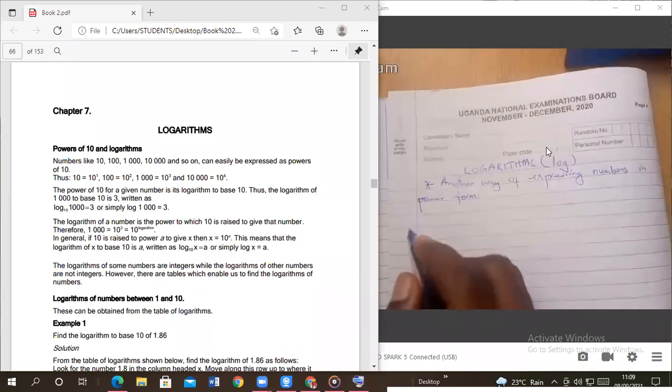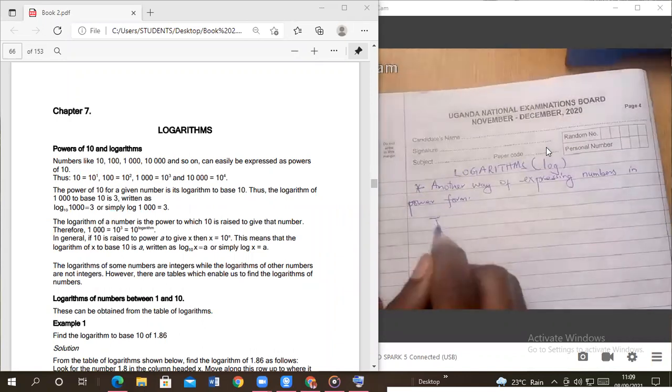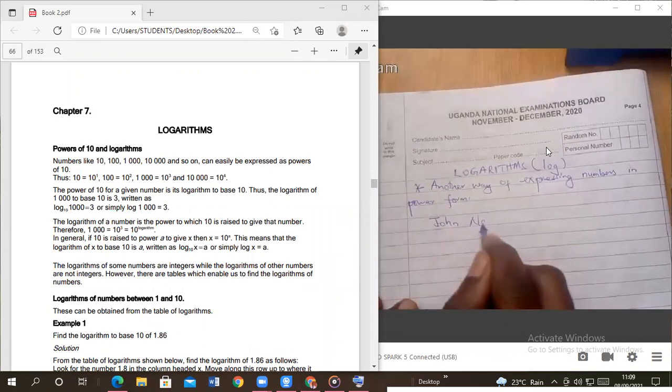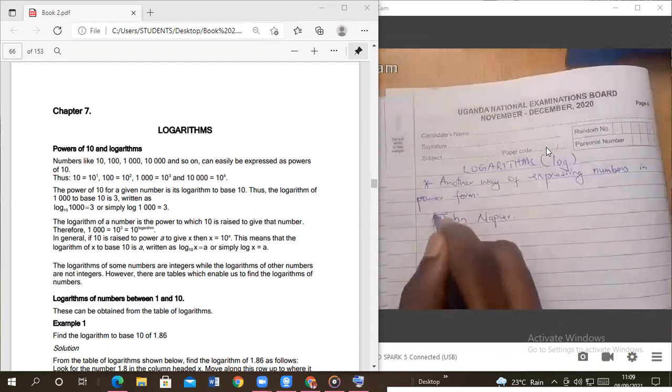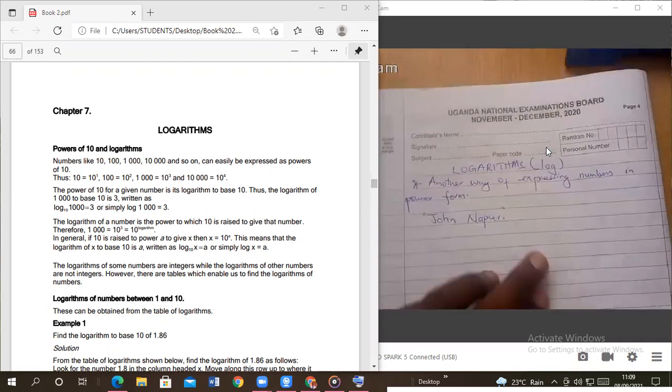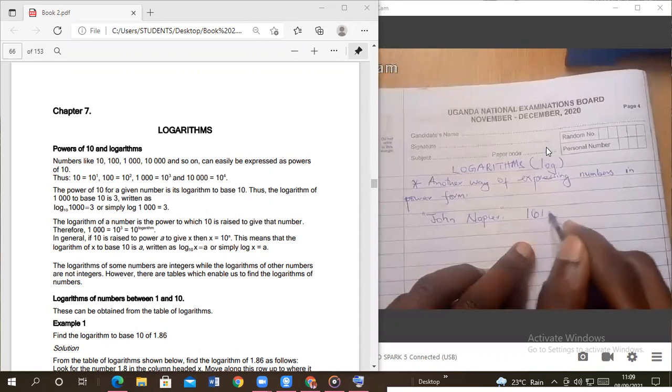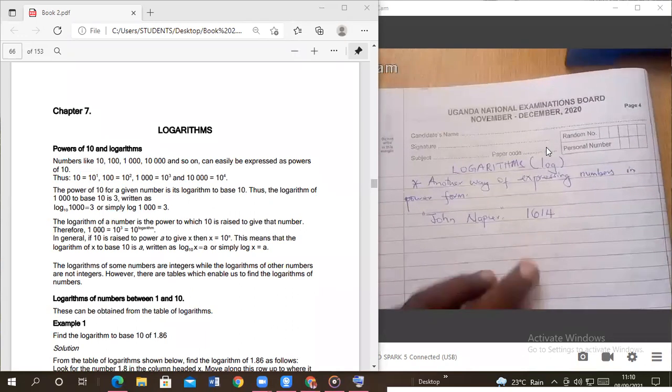It was introduced by a man called John Napier. John Napier is the one who came out with it in the year 1614.